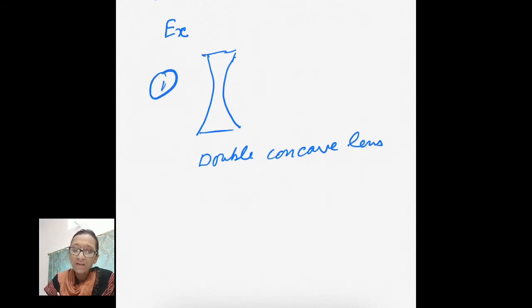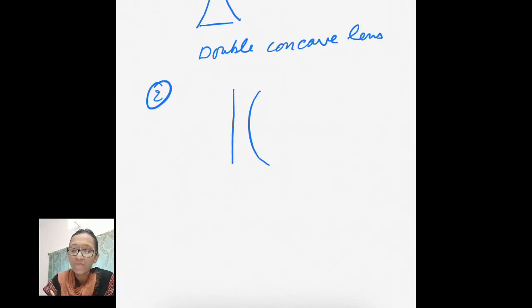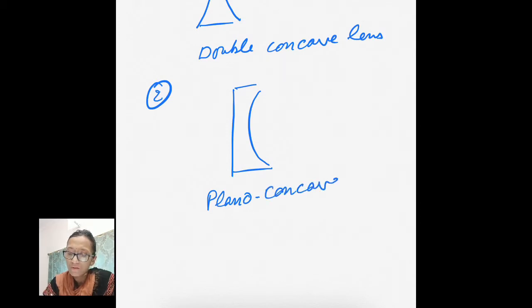Okay. This is first example. Second example is again you should take second surface as concave one, and first surface you can take even plane also. So this will also diverge the ray of light away from principal axis. So this lens is called, as per the name of its surfaces, you can write its name plano concave lens.